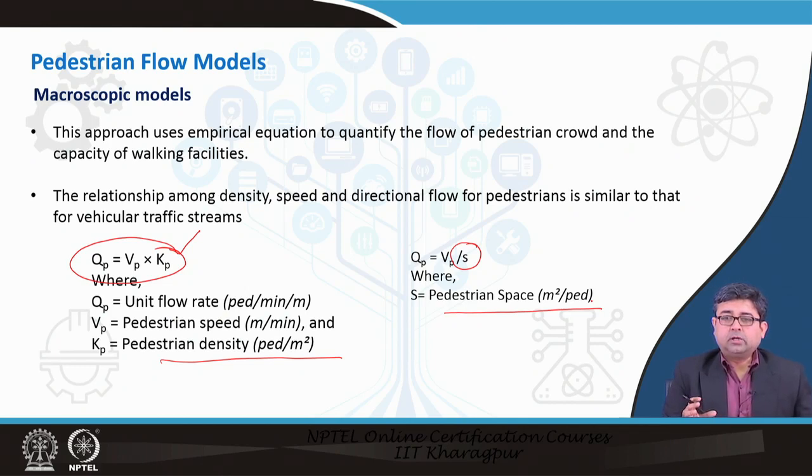How many people are there in an area per square meter is called pedestrian density, whereas how much space one person needs is called pedestrian space. I need a certain amount of area to move freely in a space. So, that is pedestrian space, square meter per pedestrian.